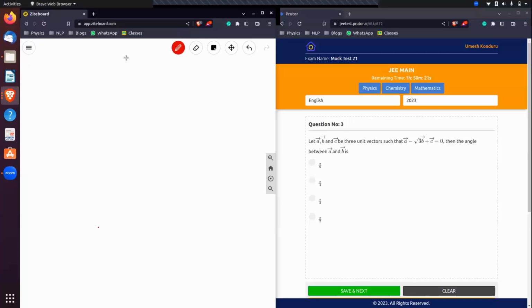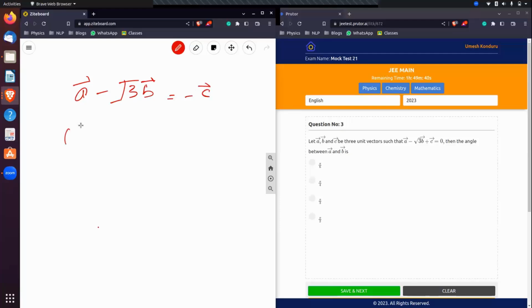So another thing that I notice here is that the sum of A and C is root 3 B. Actually, a better way might be to do this instead. Yeah, I'm sorry. A minus root 3 B equals minus C. Now you take the dot product on both sides.